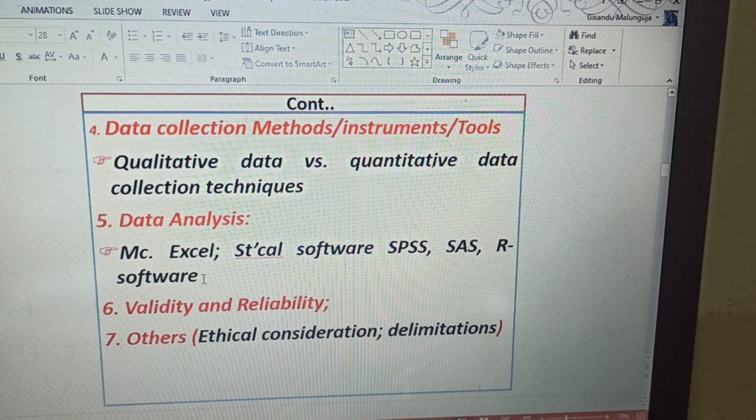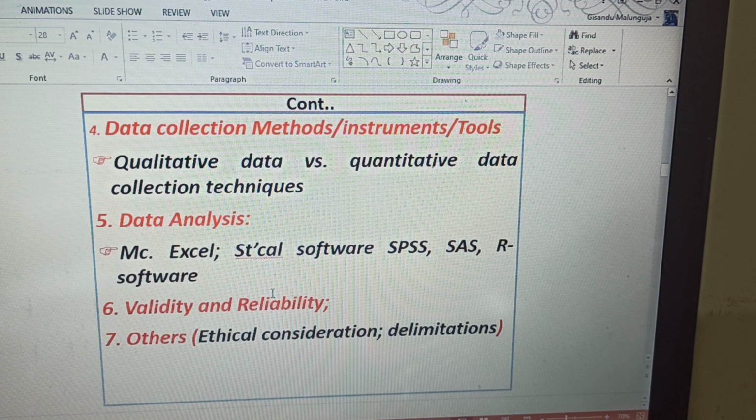Sometimes on my YouTube I will have a special class where I will demonstrate how we can install it and how we can use it to draw and analyze samples. Under the same scenario, we have validity and reliability, as I said, and also other components. Therefore, under the so-called research methodology, you have these main components.